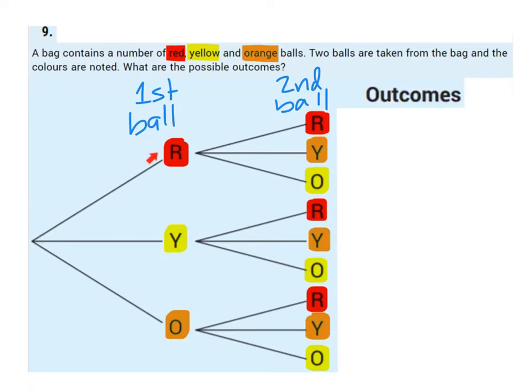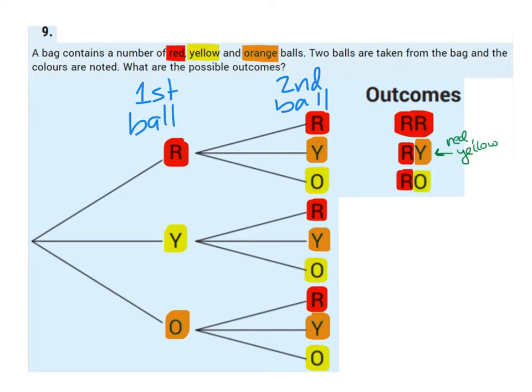So, first ball red, second ball red. Follow the branches again. First ball red, second ball yellow. Follow the branches again. First ball red, second ball orange. So these are all our possible outcomes if the first ball had been red.